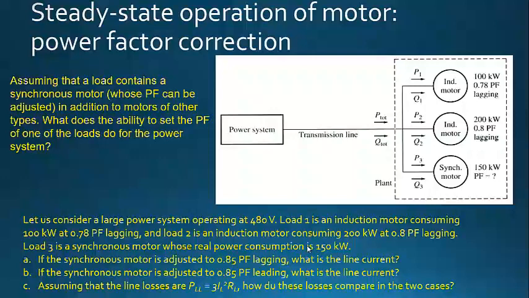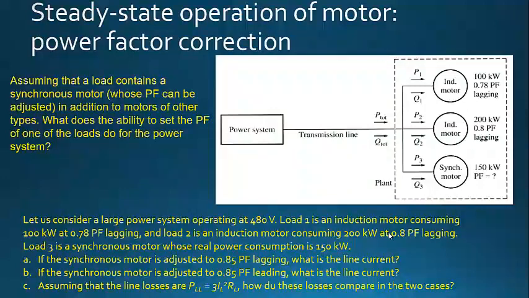So we have a question that we are going to look at. The question says, let's consider a large power system operating at 480 volts, and these are the loads connected to this particular power system. First load is an induction motor consuming 100 kilowatts at 0.78 power factor lagging.